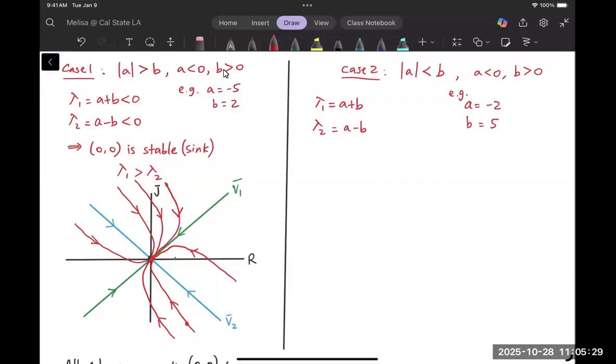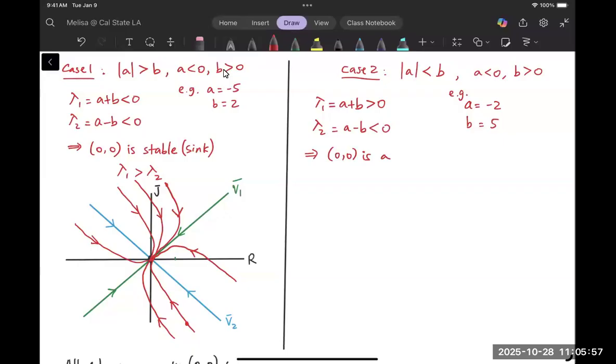All right, so now what is A plus B? That will be 3, that's positive. And A minus B is -7, so that's negative. So what can we say about this fixed point? Stable, unstable, saddle, spiral?